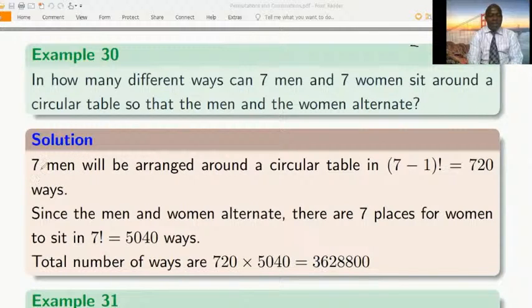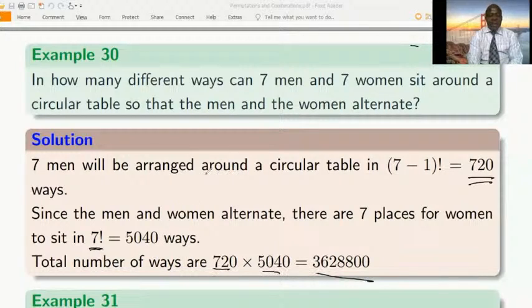If I'm sitting the men first around a circular table, then it will be 7-1 factorial, which is 720. But now the men have already seated, so the ladies will now come to sit in 7 factorial ways. So I don't subtract 1. The ladies will now sit in 7 factorial ways, which is 5040. And therefore, the total number of ways will be this times this, which is this.